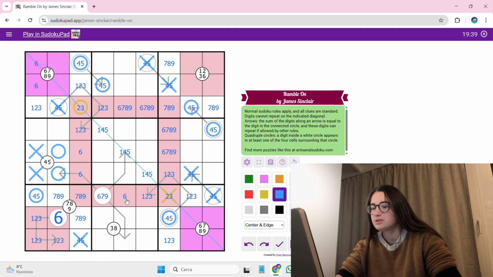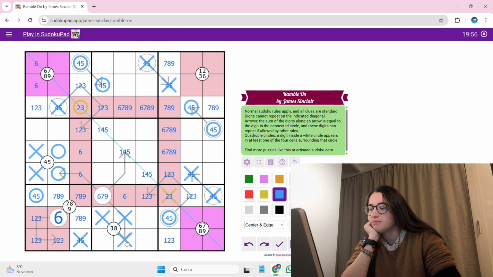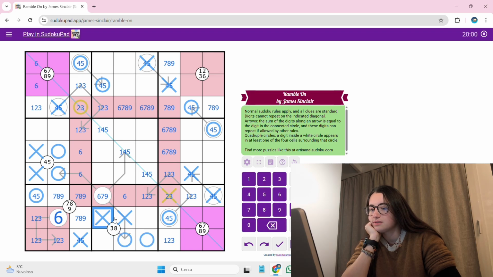So we need a cross in here somewhere, either here or here in this row, because the cross in this column is already here, and we need, for the same reason, a circle in it, like this. So 4 5 here somewhere. How do I proceed with this? How do I know where to put the digits?